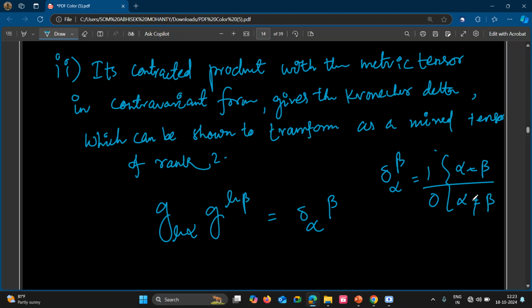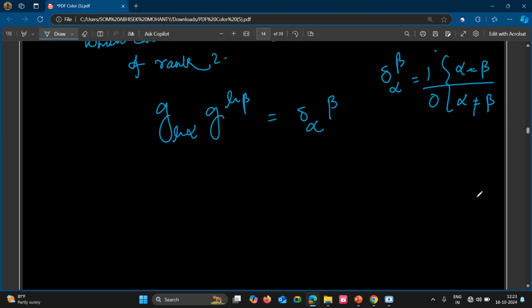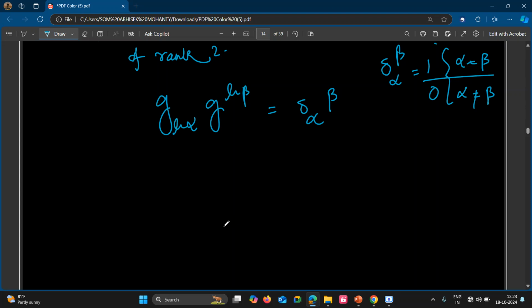Next, the symmetry property ensures that there are at most 10 independent components of g alpha beta in a 3 plus 1 dimensional space-time. So suppose I can write ds squared is equal to g00 dx0 squared, and 2 g0i dx0 dxi, and then gij dxi dxj. This is the expression.